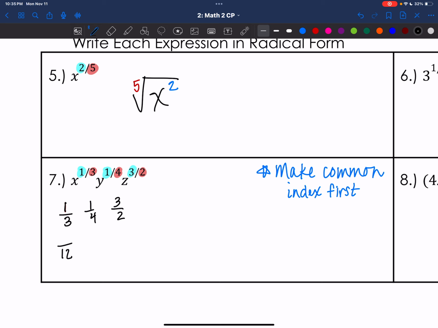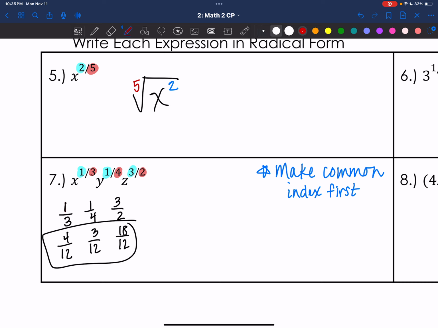So this is going to be 4/12. This would be 3/12, and this would be 6 times 3, so 18/12. So these are what I'm going to use for my indexes. So my index is going to be 12. Now they have a common index, so now we're good to go.